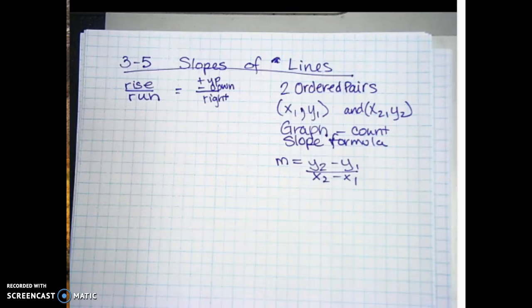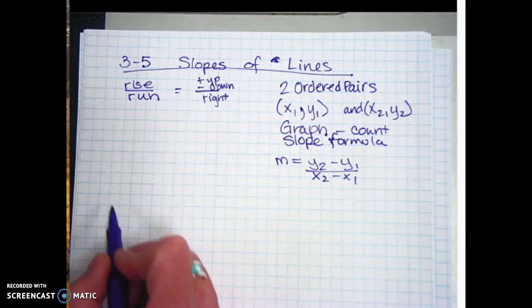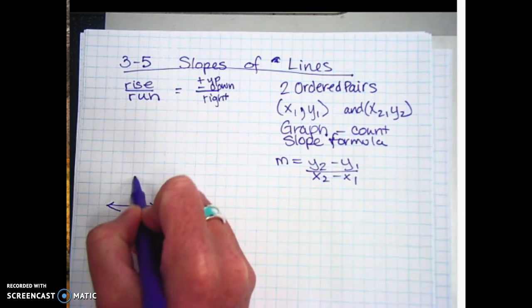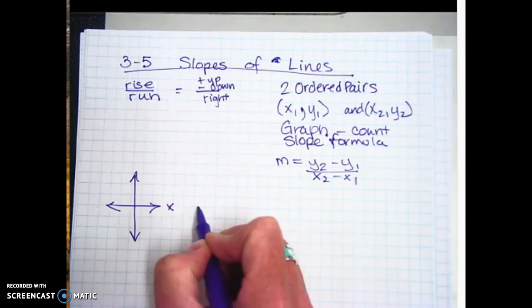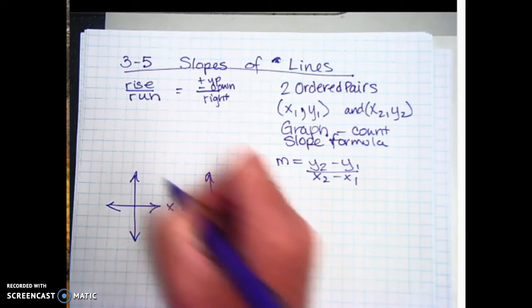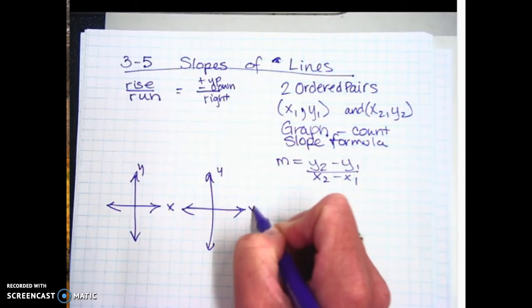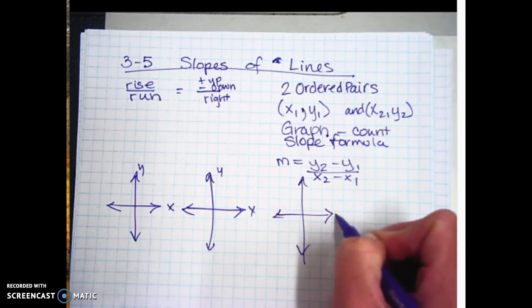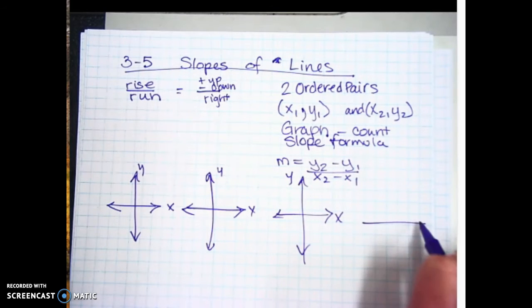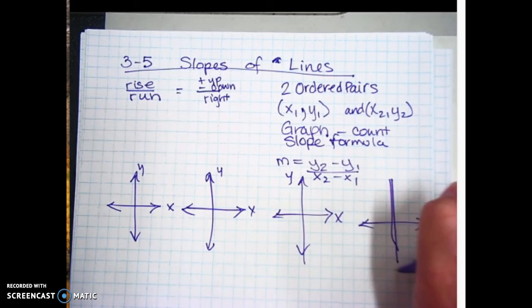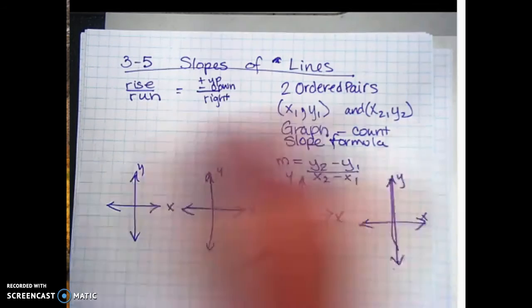All right, so let's talk about what your graphs are going to look like. So we're going to just quickly sketch 4 coordinate planes. There's 1, there's 2, there's 3, there's 4.